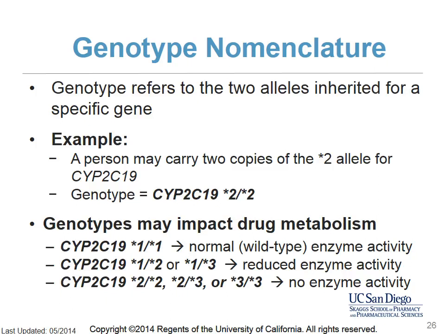And finally, if their genotype is CYP2C19 star 2 star 2, star 2 star 3, or star 3 star 3, there will be no enzyme activity.